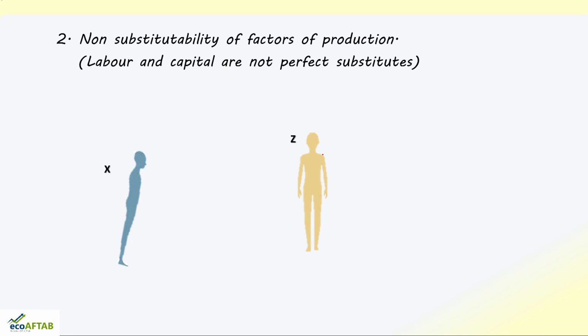This substitution is not possible. Labor and capital are not perfect substitutes. They can be substituted but not perfectly. So, the elasticity of substitution between labor and capital will never be equal to infinity. This is one more reason why the law of variable proportions operates in the short run.